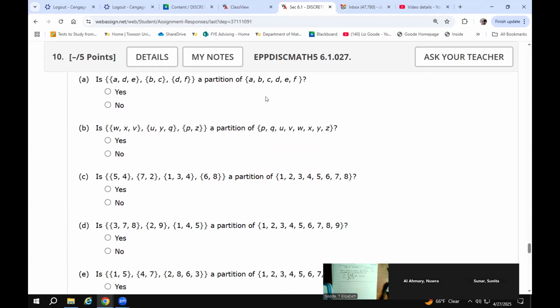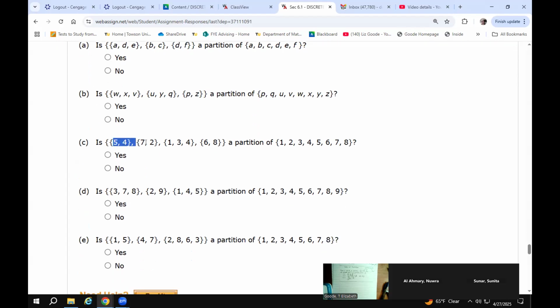Besides what went bad here in part A, every element in this set with little a, b, c, d, e, and f does appear in one of these subsets, so the union of these subsets is the set big A, but we have a non-empty intersection between two of them. Here, nothing goes bad. Here, I think a couple of different things go bad.